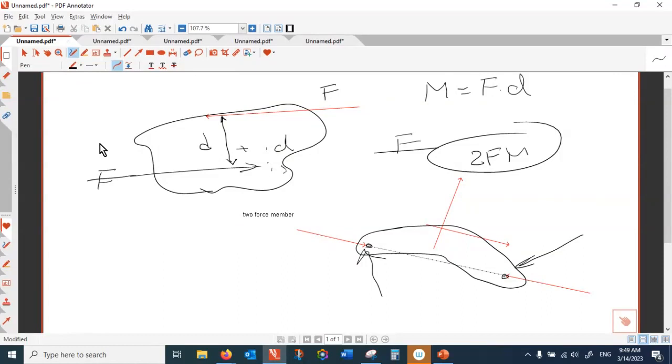So the forces F minus F is 0. But from the rotation point of view it is not at equilibrium, because we know that the moment is M equal F times D, where D is the distance.